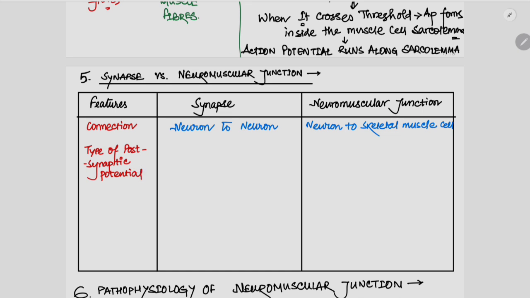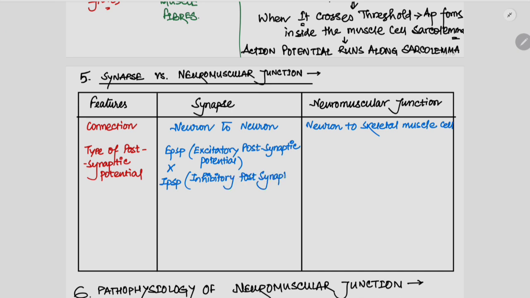In synapse, it can be both excitatory and inhibitory, known as excitatory postsynaptic potential, EPSP, and inhibitory postsynaptic potential, IPSP.